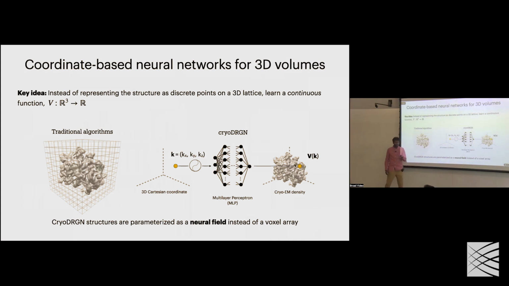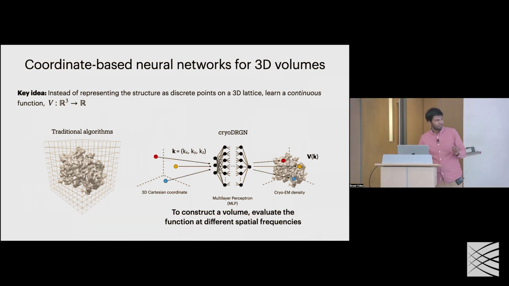The idea of a neural field is that instead of storing an explicit cubic grid of voxels, we're going to implicitly represent that volume through a function. In this case, the function takes the form of a neural network. When I say a function, it's some mapping from a point in 3D space to the density at that point.